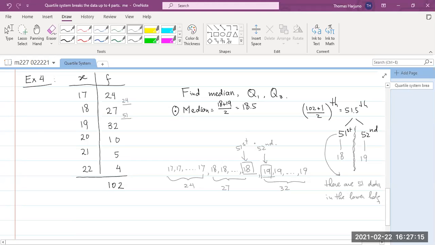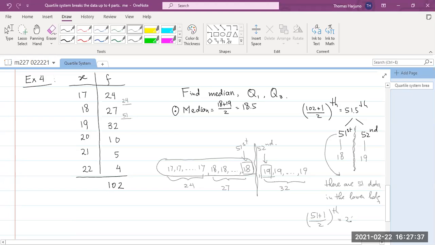Okay. If you imagine this is our median, then this data set here is the lower half. Now we apply the median formula again: 51 plus 1 over 2 gives us the position for the median of this lower half.